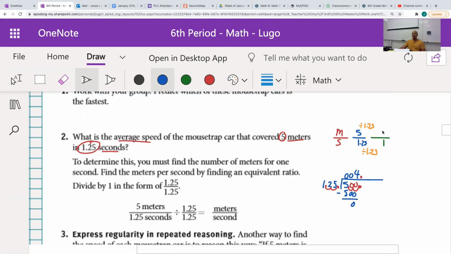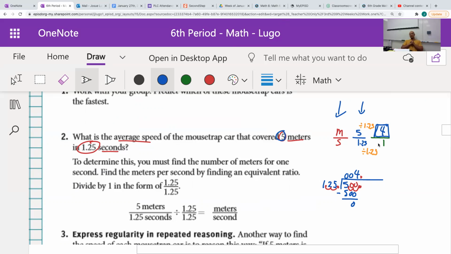Therefore, ladies and gentlemen, this little mousetrap car is moving at 4 meters per second. And this should look very familiar. We have our unit rate right here. We have our ratio that was given: 5 meters in 1.25 seconds.